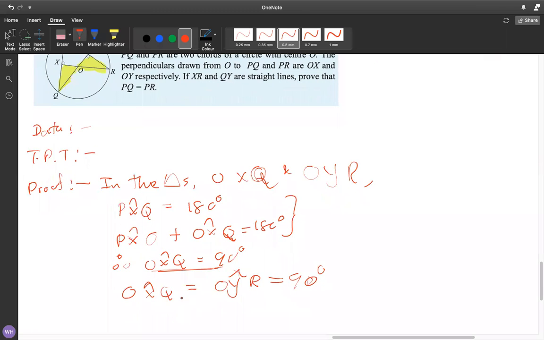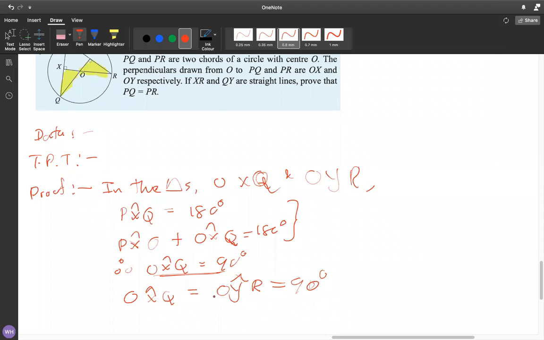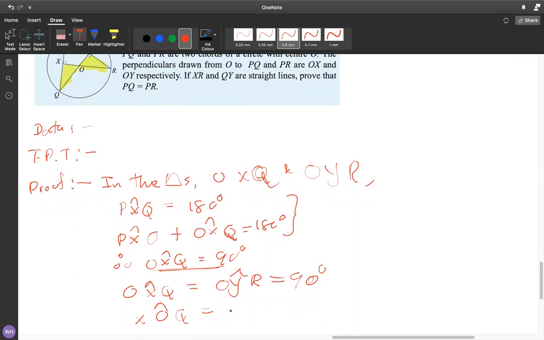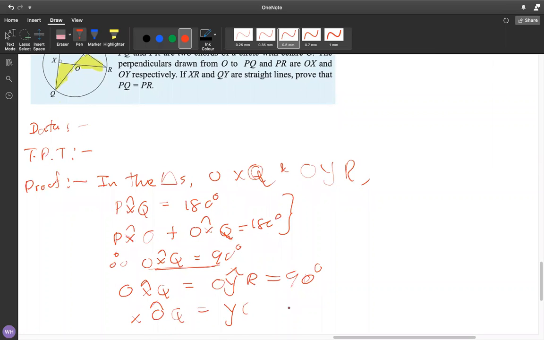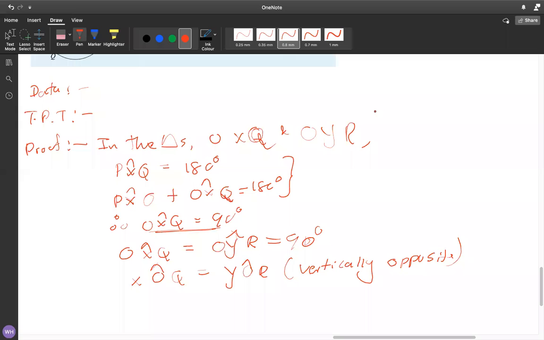Then what is the other angle? Angle XOQ will be equal to angle YOR. Reason is they are, let's see, right, this is vertically opposite.